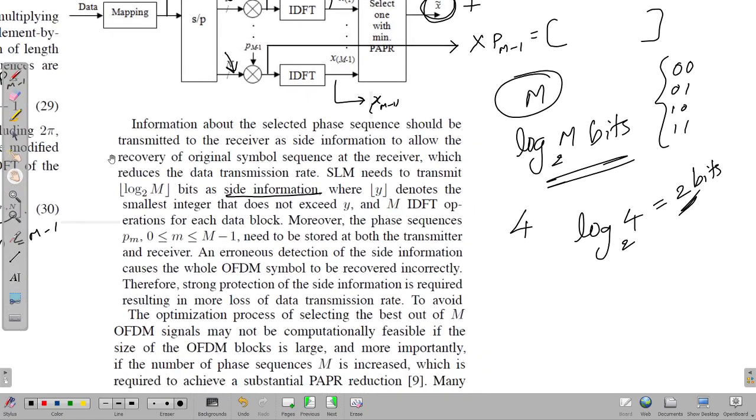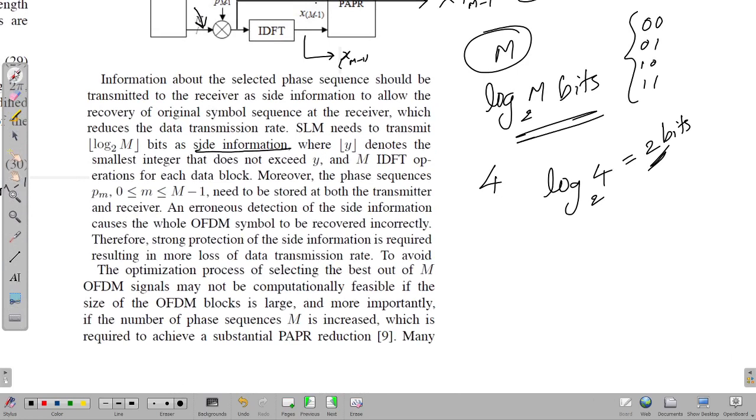That is one of the disadvantages of the SLM technique: the side information needs to be transmitted. Side information is an overhead, information which is not part of the original information, but is essential just to know which phase sequence got multiplied with it.